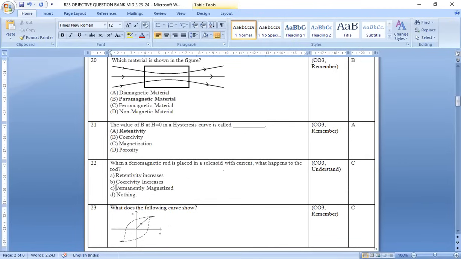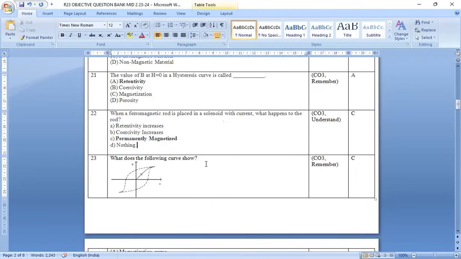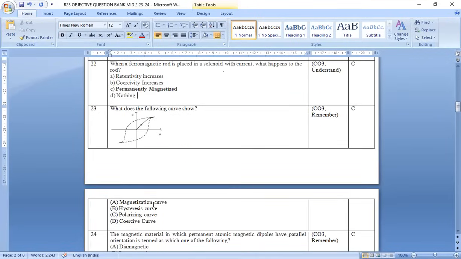It is permanently magnetized. Option C is the right answer. And then what does the following curve show? It is the hysteresis loop, the BH curve. Option B is the right answer.